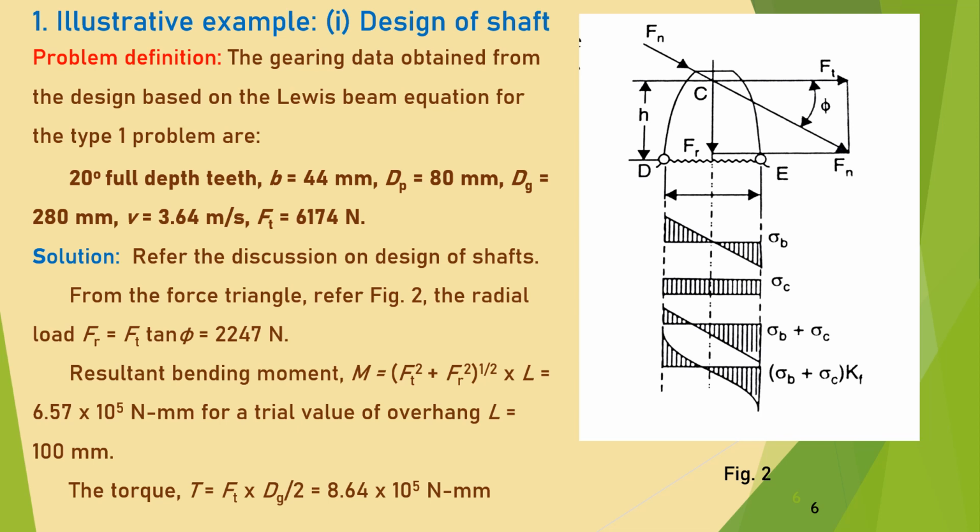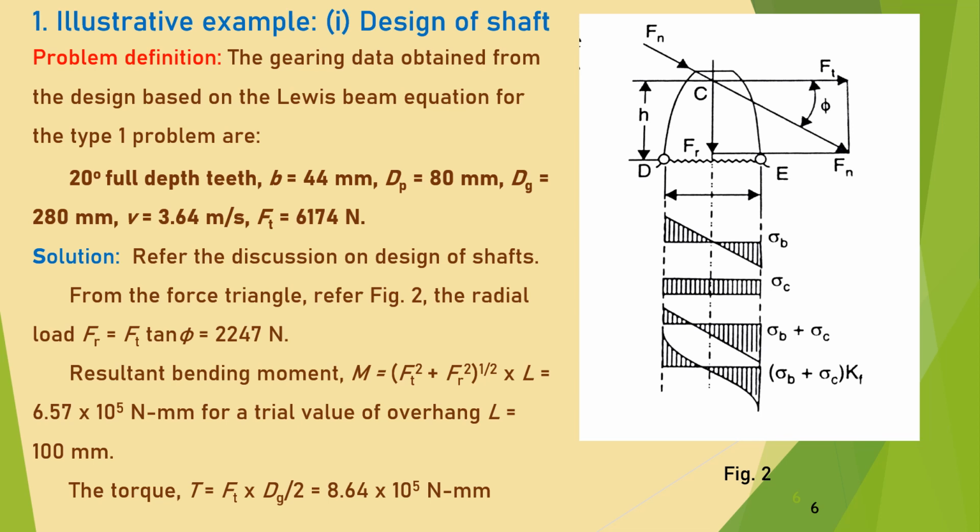Refer the discussion on design of shafts. From the force triangle shown in figure 2, the radial load Fr can be readily calculated as Ft tan phi, that is 2247 Newton. The resultant bending moment can be calculated from the equation given, for a trial value of overhang L equal to 100 mm.